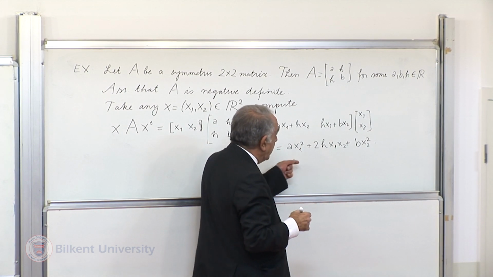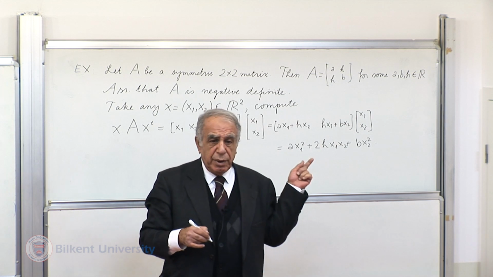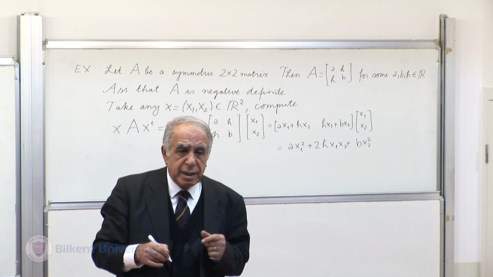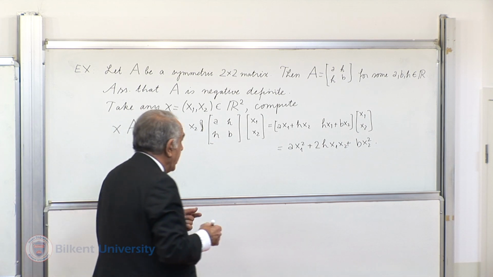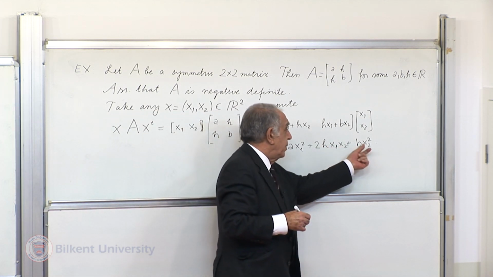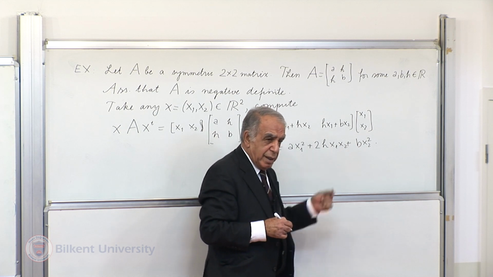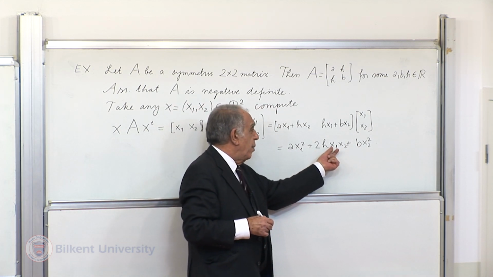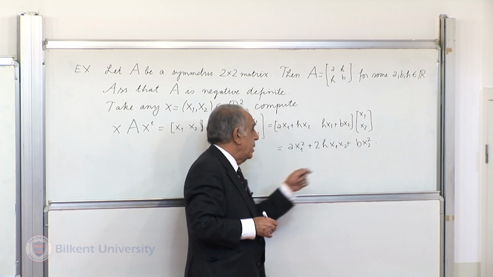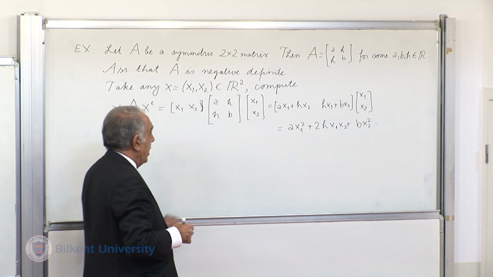This is actually the reason why we refer to functions which send each x in R2 to this as a quadratic form. The variables are of degree 2 in all the terms arising. Here you have x1 squared, once x1 and x2, and here x2 squared.